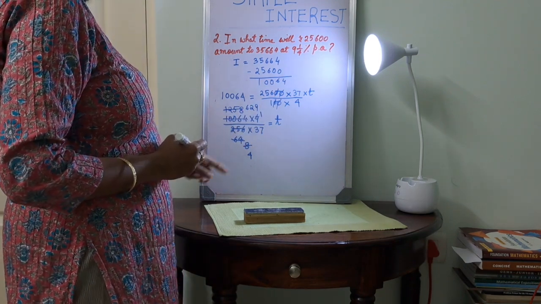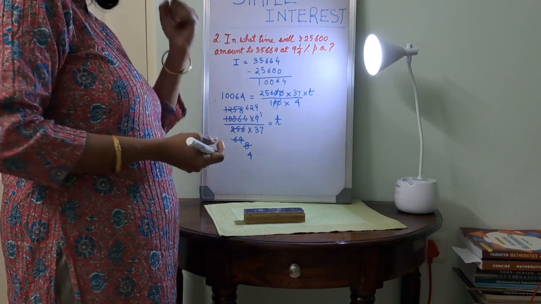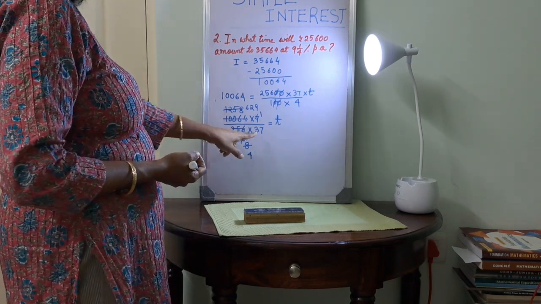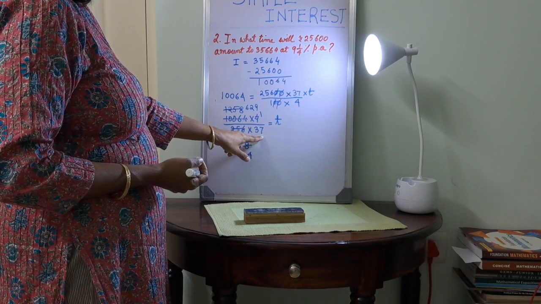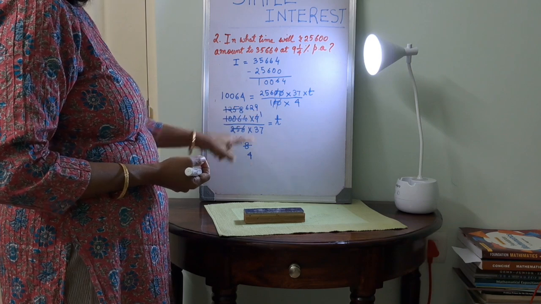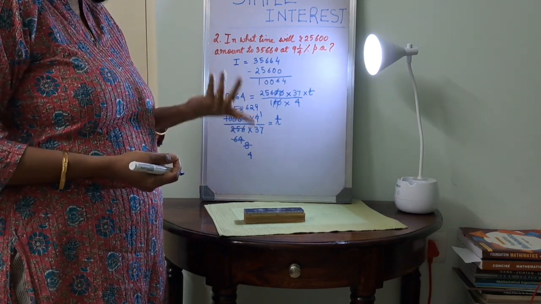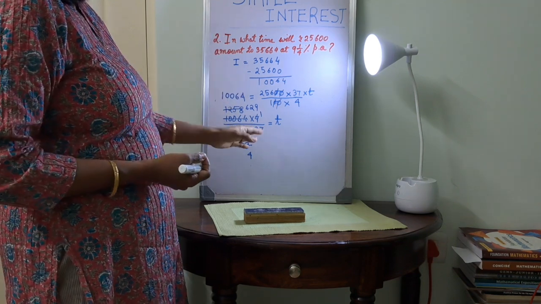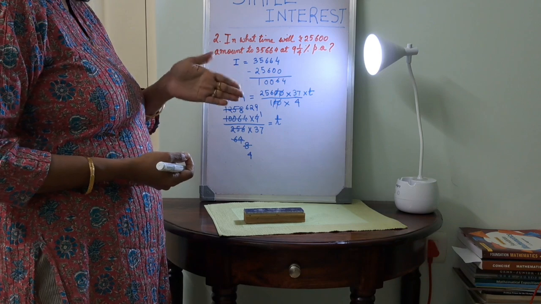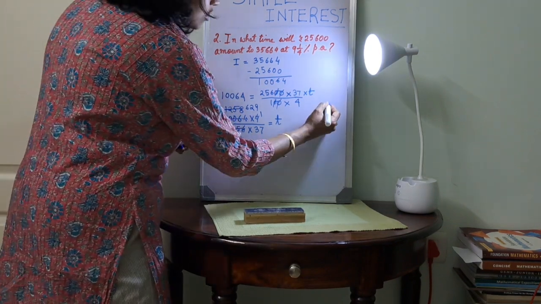629. Now see 37 and 629. Here we have to do a little bit of mental calculation. So 37 and this, the product has to be 629, which ends with 9. So 7 into which number gives a 9? 7 into 7 is 49. So 37 into 7 will be much less than this, right? 37 into 10 is 370. So it can be 37 into 17.